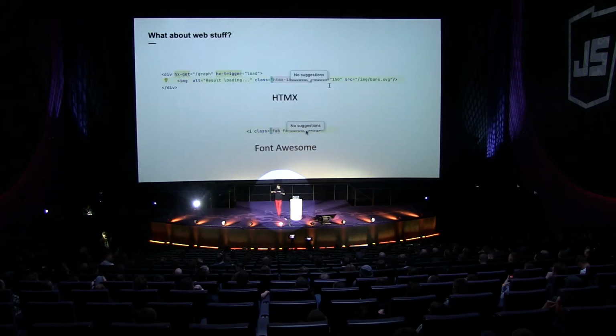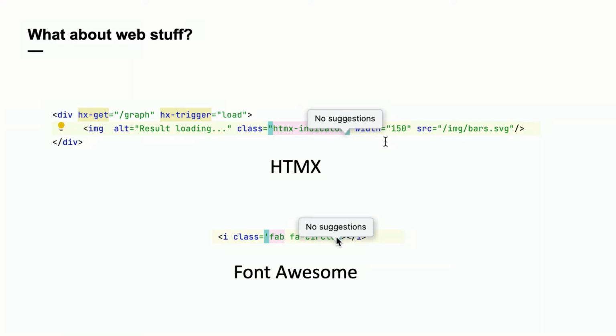But here comes the problem with web stuff. There are small libraries like HTMX, which are trying to gain popularity. HTMX is just an example of a cool library, I think. It enables you to write Ajax, CSS transitions, and WebSockets, and some other things directly in HTML as attributes.